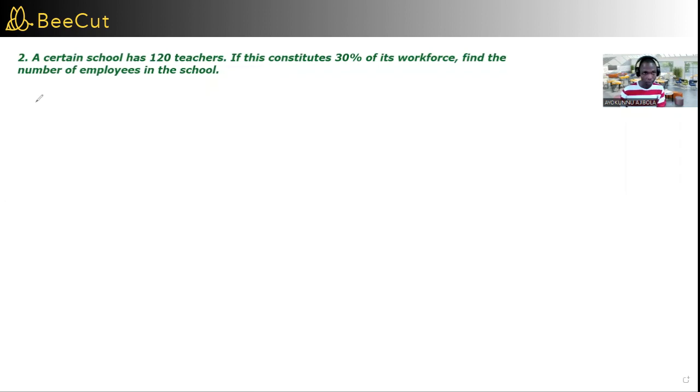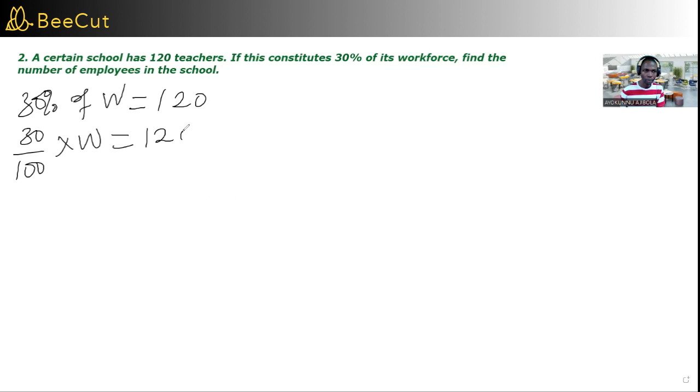So that means 30% of the workforce W is the number of teachers, and that is 120. So I need to know the total workforce. So 30% is 120. That means 30 over 100 times the workforce is 120.